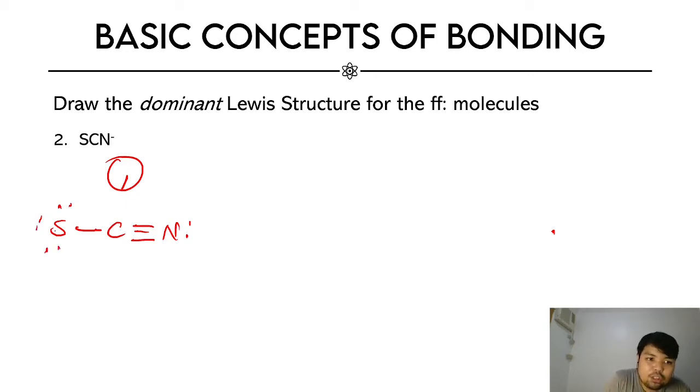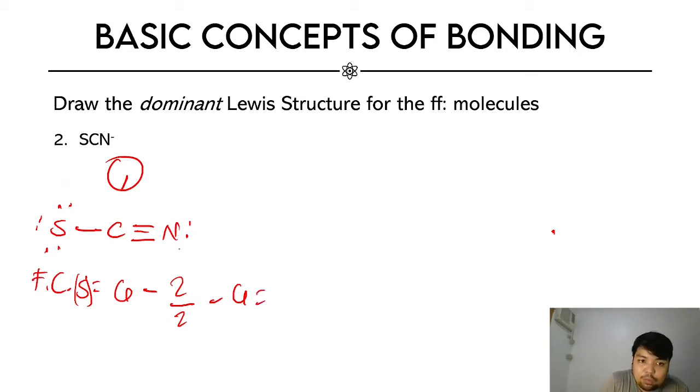So for Lewis structure 1, the formal charge for sulfur is equal to 6 valence electrons minus 2 bonding electrons divided by 2, and minus 6 non-bonding electrons, which is this one here. So the formal charge of sulfur will be -1.